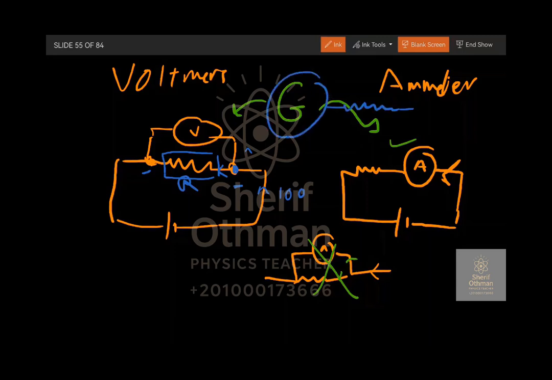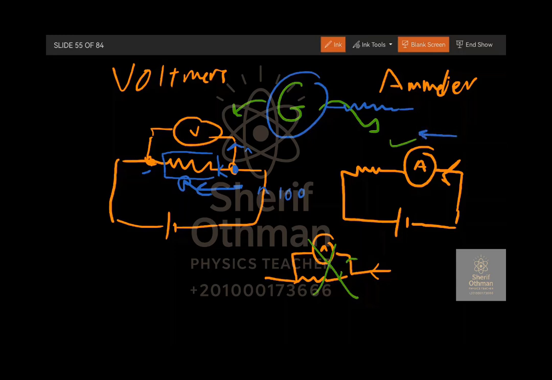This resistor has a high value, and we connect it in series to prevent the electric current from flowing through this branch and keep it moving forward through the main resistor or the main part of the circuit. So changing a galvanometer into a voltmeter occurs by connecting a large value resistor in series with the galvanometer.